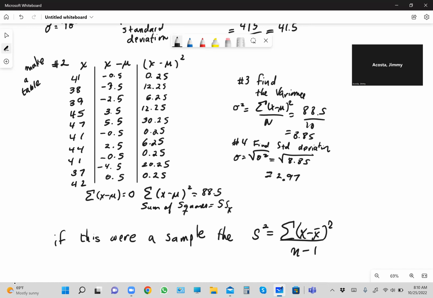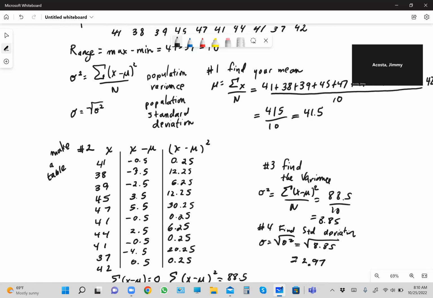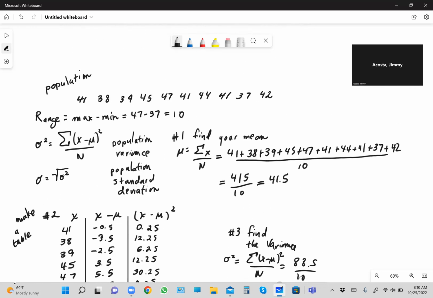So if when we started the question, instead of population, I would have put sample there, then the problem stays the same. But watch what happens when it's a sample. I'm gonna write here sample instead. If it's a sample, the formula becomes this.